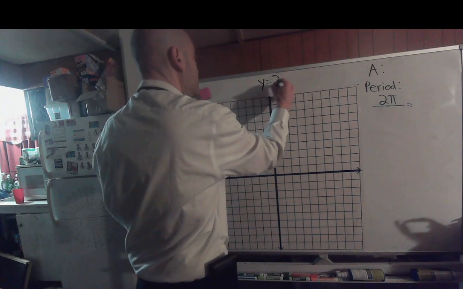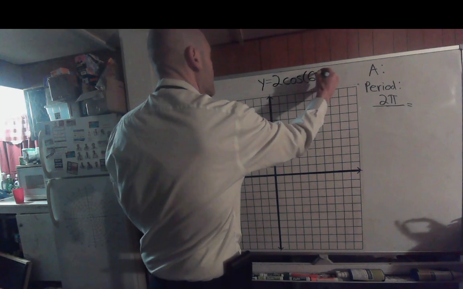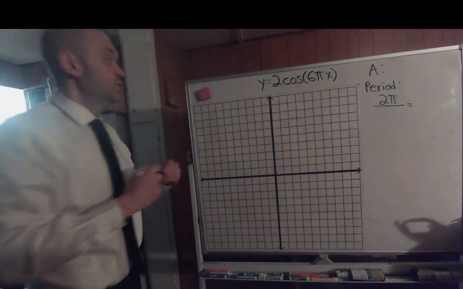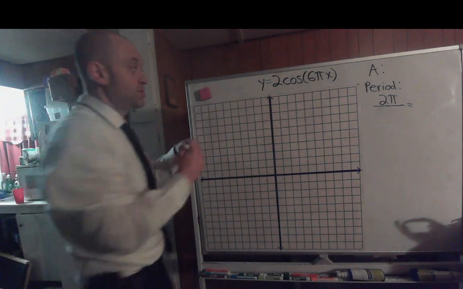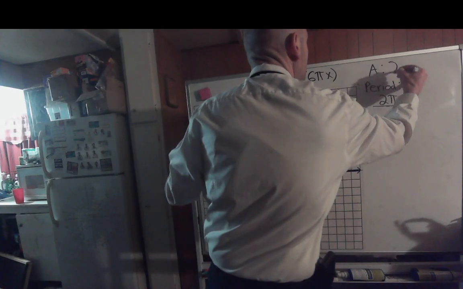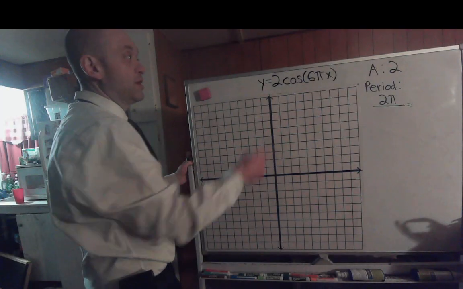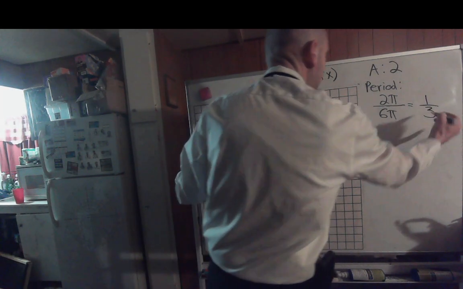Y equals 2 times the cosine of 6 pi x. So we have 2 times the cosine of 6 pi x. Well, your amplitude is 2. So that's your amplitude. Now your period's going to be 2 pi divided by 6 pi, which means your period is 1/3.